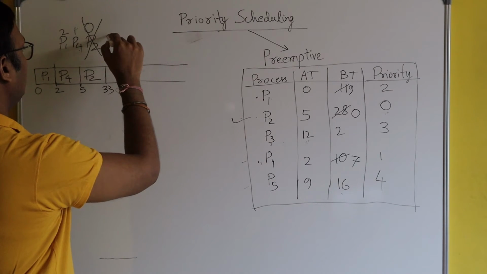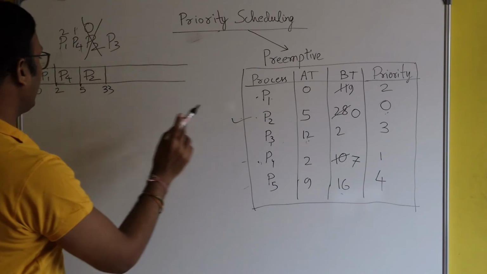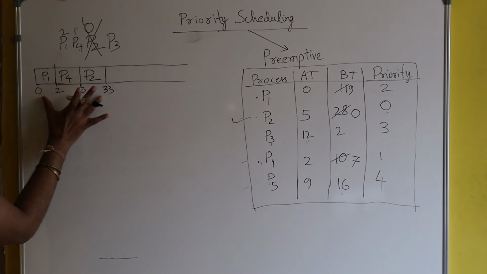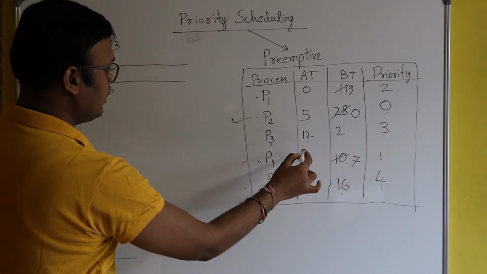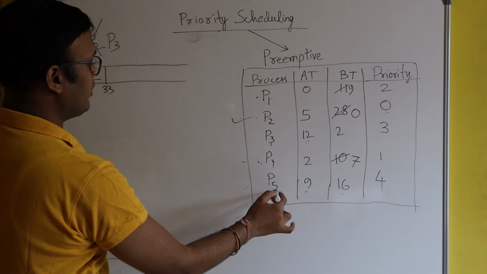It means P3 is available, because this 12 seconds lies within the 0 to 33rd second. And you can also see that at the 9th second, P5 is also there.